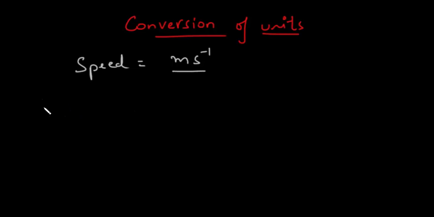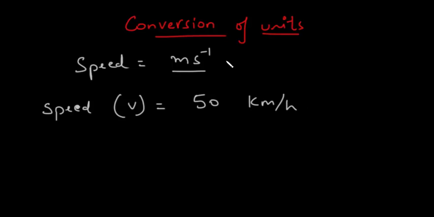Now, if you are given some speed v as 50 kilometer per hour, but we know in SI system speed must have units of meter per second. Here it's kilometer per hour, so we need to convert this kilometer per hour to meter per second. How can we do it? It's very easy.